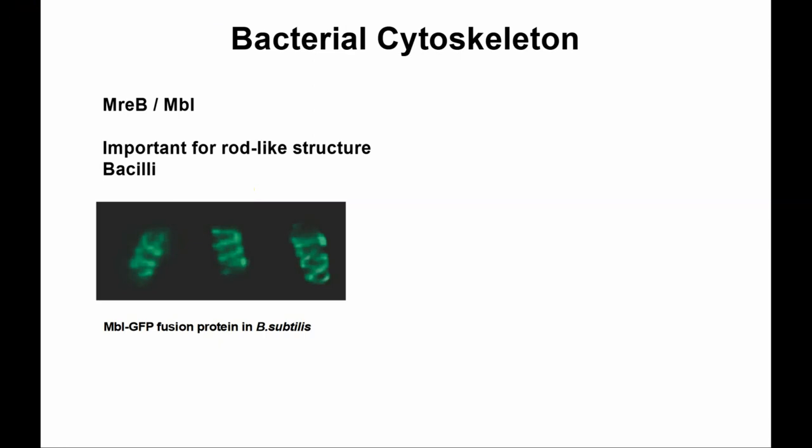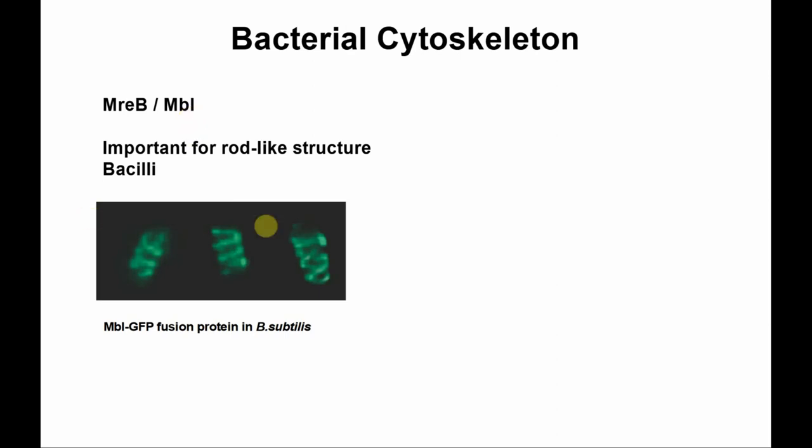So the MREB protein, which is in gram negatives, and the MBL protein, which is in gram positives, are the bacterial homologues of actin. And just like actin, it can be found as a kind of soluble monomer, or they can polymerize to form filaments.